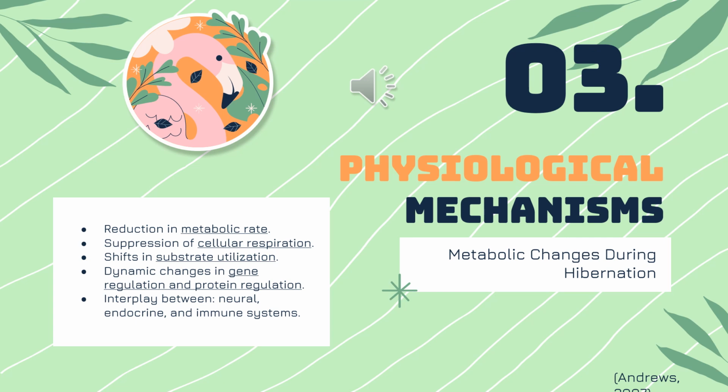Activation of specific genetic pathways associated with metabolic suppression and thermal regulation, including alterations in lipid metabolism and mitochondrial function, play crucial roles. Furthermore, physiological mechanisms involve intricate interplay between neural, endocrine, and immune systems. Neuroendocrine signals regulate metabolic responses, while immune modulation helps mitigate inflammation and oxidative stress.